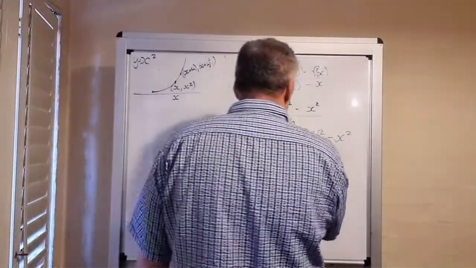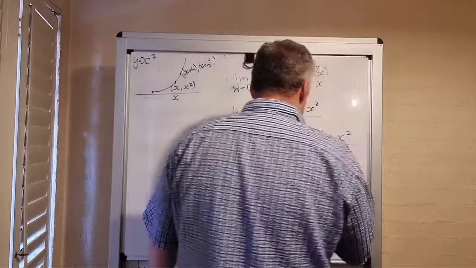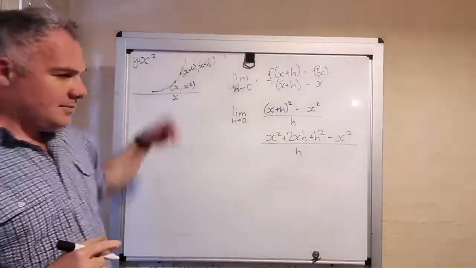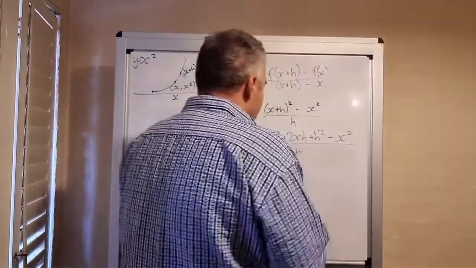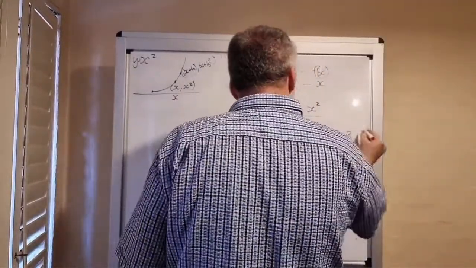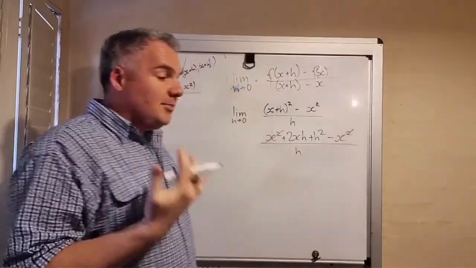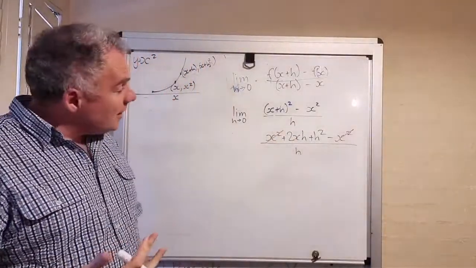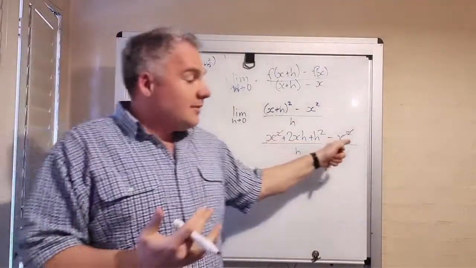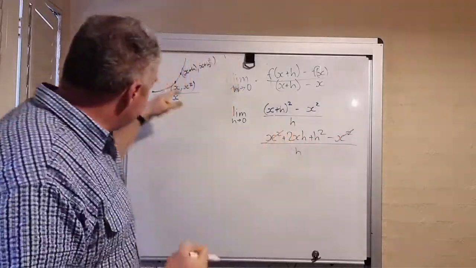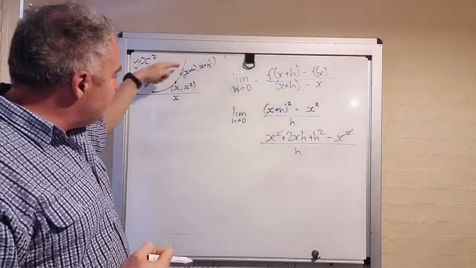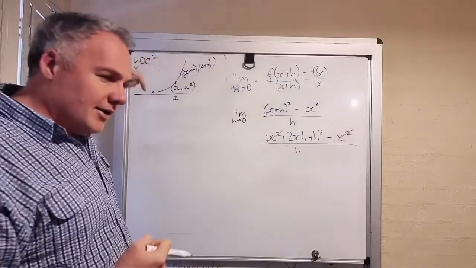And all of that is over h. Okay? Now I can cancel some stuff. The first thing I can cancel is my original function, which is important. Okay, I can cancel out the x squared, so I'm taking away the x squared. And now I'm just focused on that difference, that growth between here and here, and gotten rid of the y value that was already there.